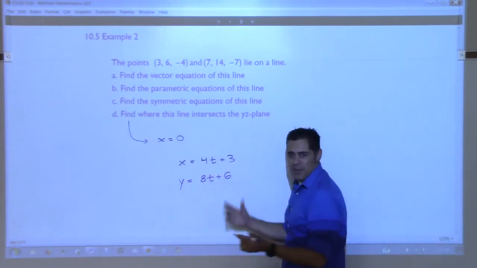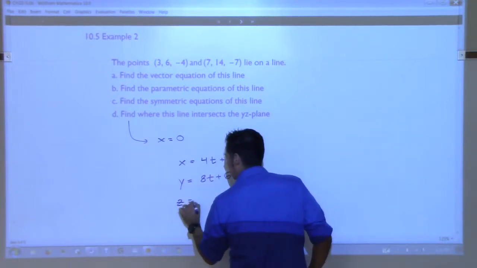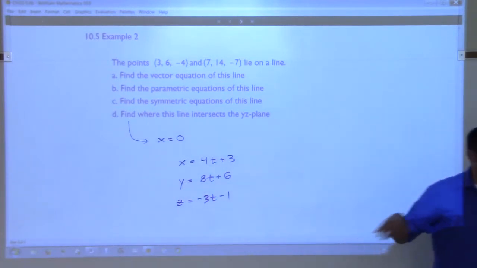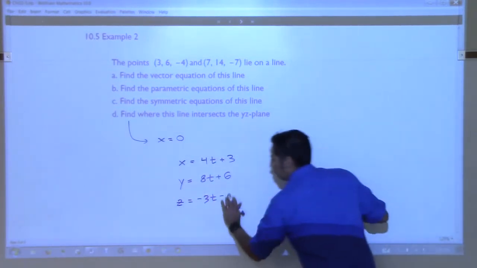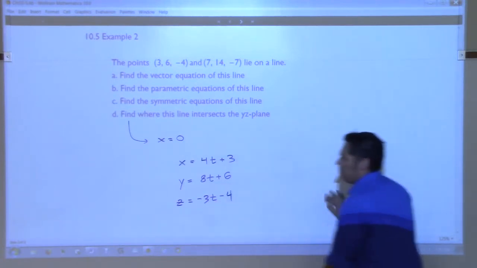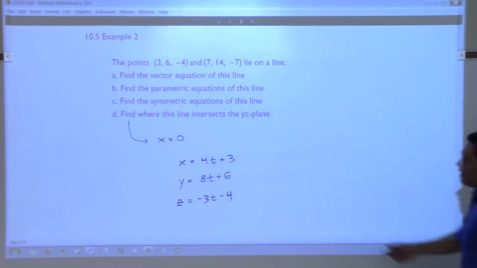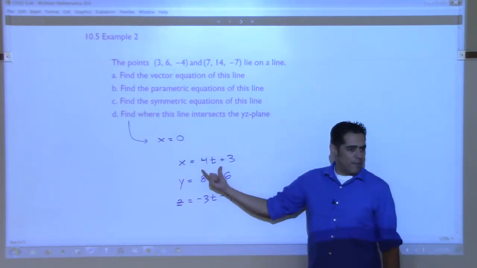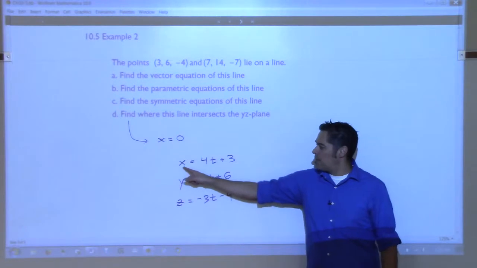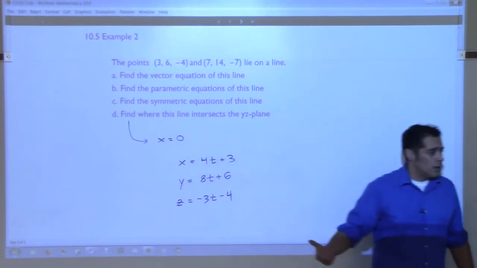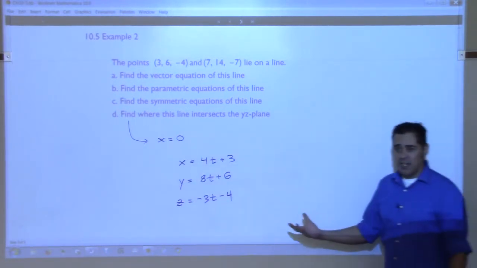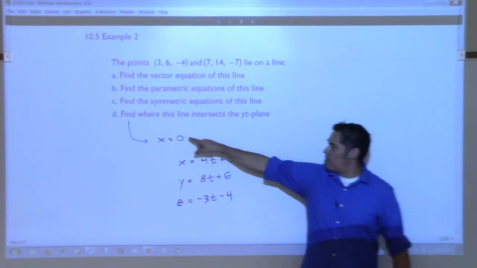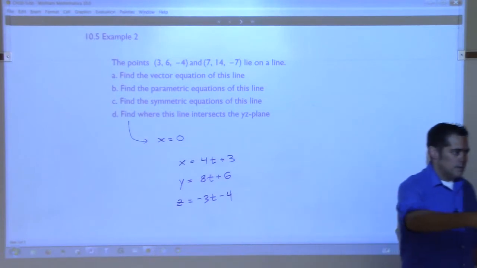Everyone's okay with that. z is negative 3t minus 1. Those were our parametric equations. So if I know that to hit the YZ plane, x has to be 0, then I can just take that first parametric equation, replace x with 0, and solve for t. And once I know what t is, I can go into these two and find y and z. So I'll have x is 0, and then I'll be able to find y and z.